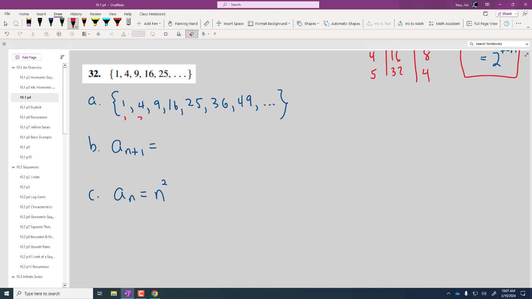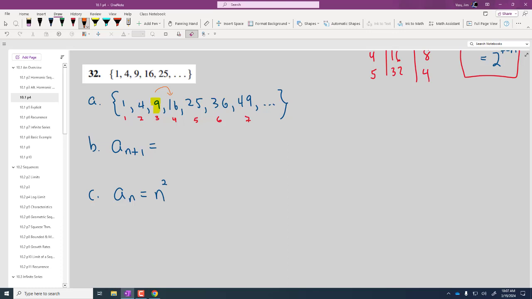I'm going to put the indices down here. Let's just pick one as a starting point. Let's suppose we start here. We're at 9, and we want to get to 16. Difference of 7.